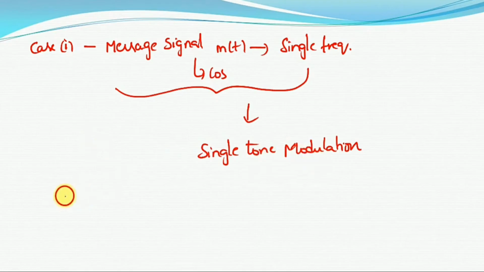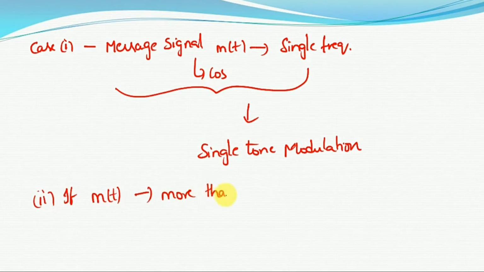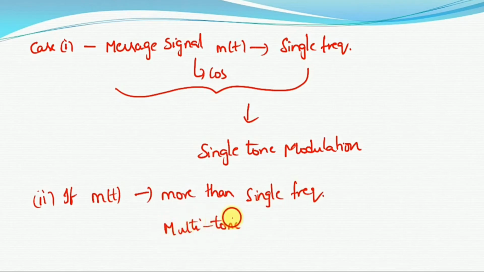In the other case, if the message signal m of t has more than a single frequency, then we call it a multi-tone modulation. This multi-tone modulation has a larger number of frequencies.